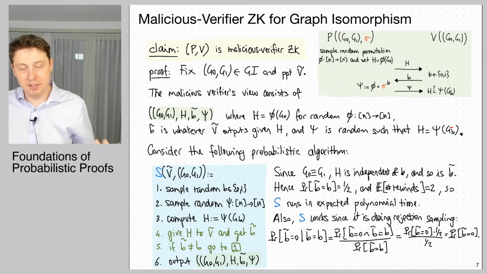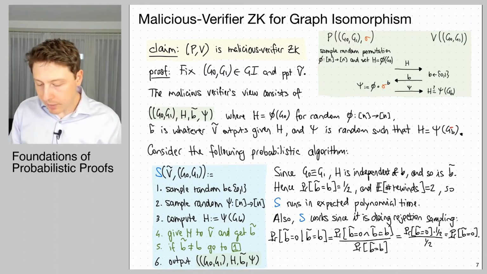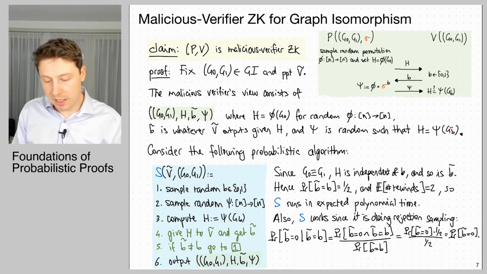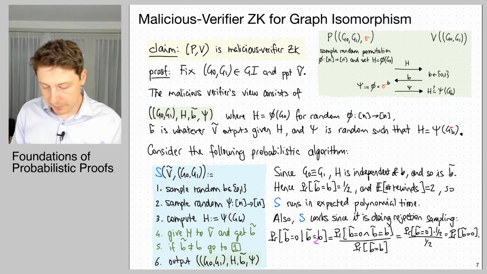Because they're independent. So what we're doing here is just rejection sampling. We want to say that the probability that B tilde equals 0, given that I do halt, is the same as B tilde equals 0 on its own without any conditioning.